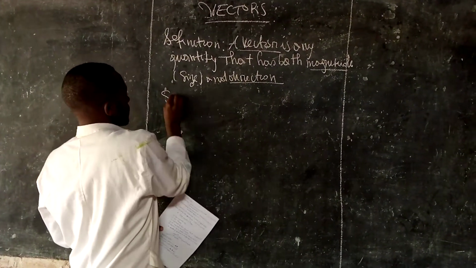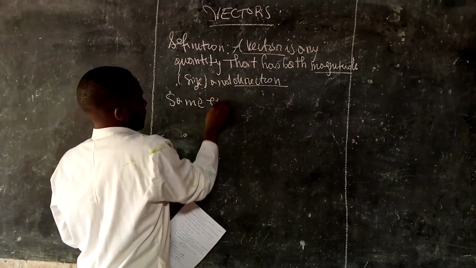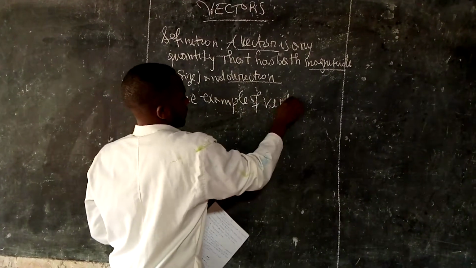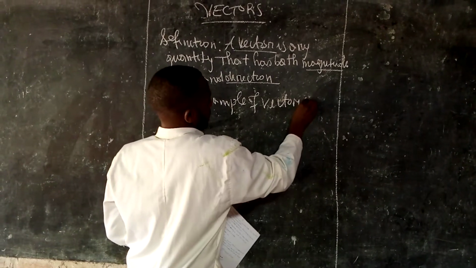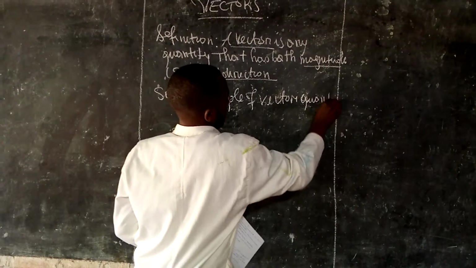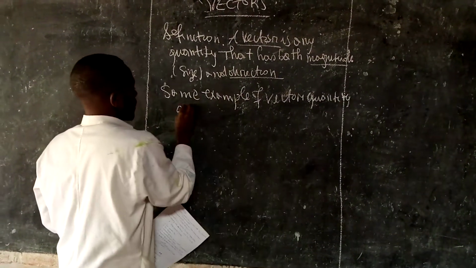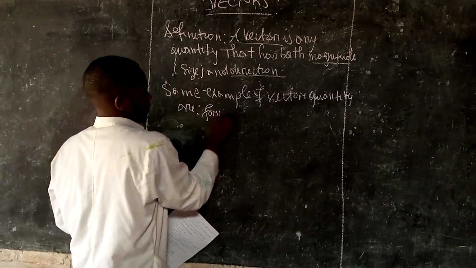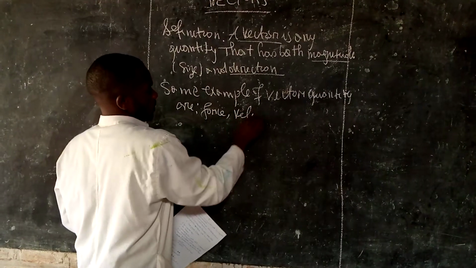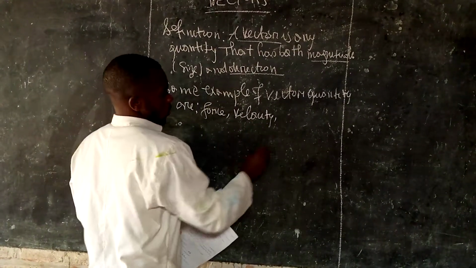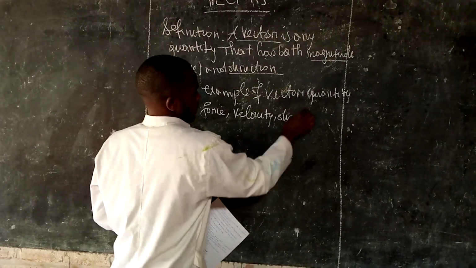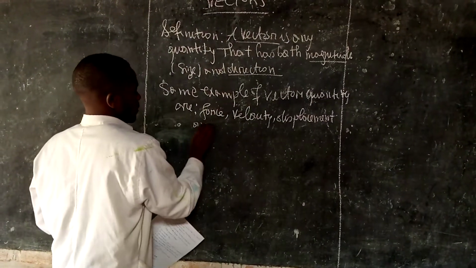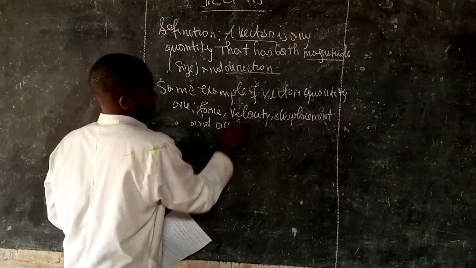So now some examples of vector quantity are: we have a force, we have a velocity, you have a displacement, and the acceleration.